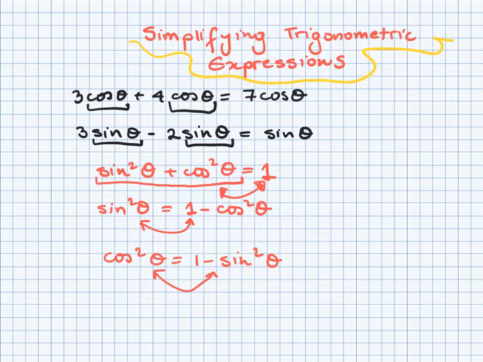Now, let's have a look at another example where we're going to simplify 2 take away 2 cos to the power of 2 theta. Same as in the algebra of real numbers, we're going to look for common factors. In this case we can see that 2 is common for both terms.